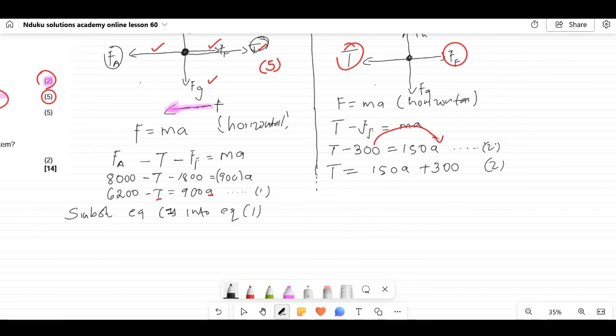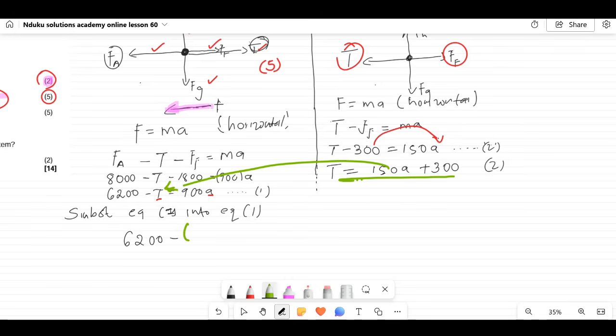Now this is equation number 1, 6,200 minus, what is the t? Here's the t this side. So wherever I see t in equation number 1, that's how I'm going to put it this side.